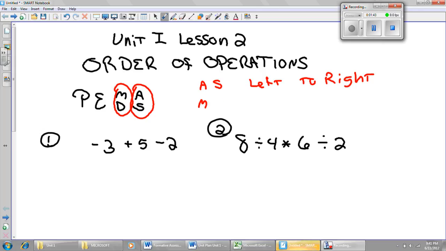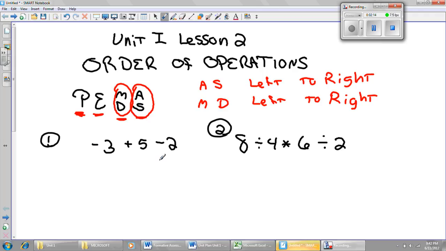When I'm only considering multiplication and division, again, I go left to right. I don't always do multiplication before division. If the division comes first from the left to the right, then I'll do the division first. Now I will always do my parentheses before I do my multiplication, or my exponents before my subtraction. That is a fact, but when we're talking multiplication and division, they have equal value.